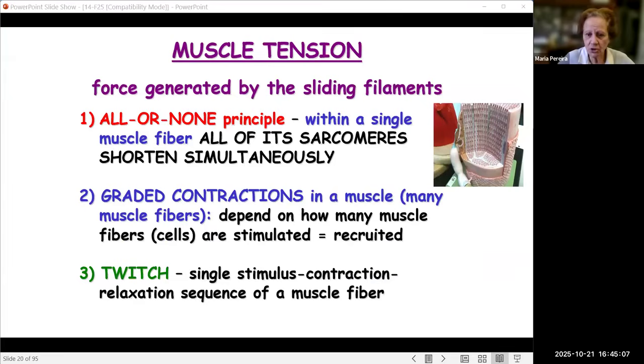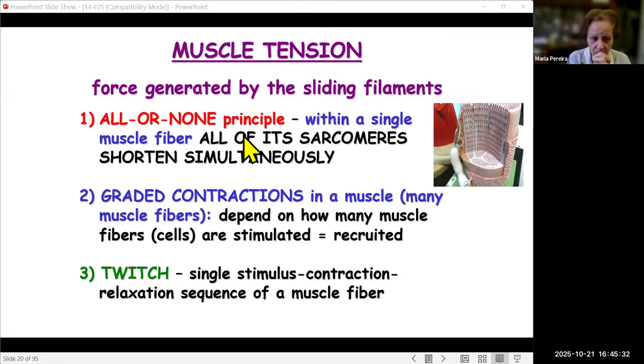Okay, so this tension that is developed by the muscle upon muscle contraction has some properties. Here I have three properties. One is that this is a muscle fiber with all the sarcomeres. So inside a muscle fiber, one cell, the response is all or none.